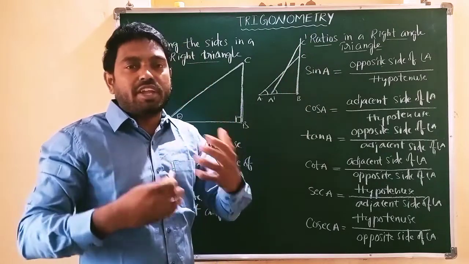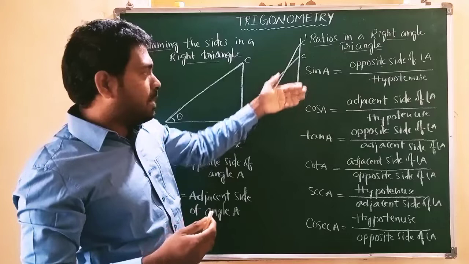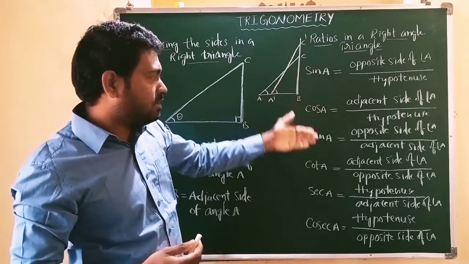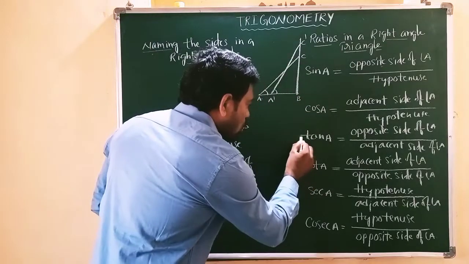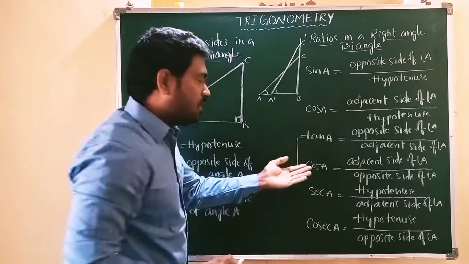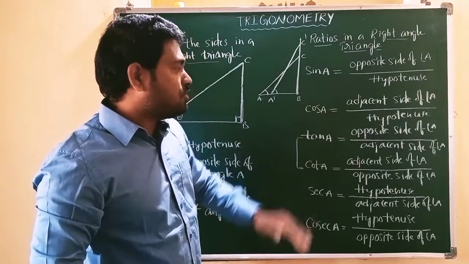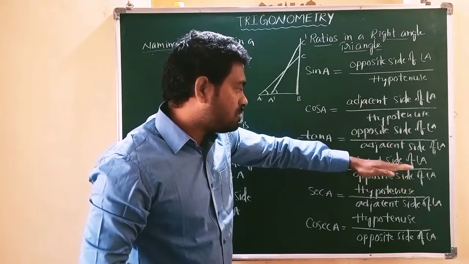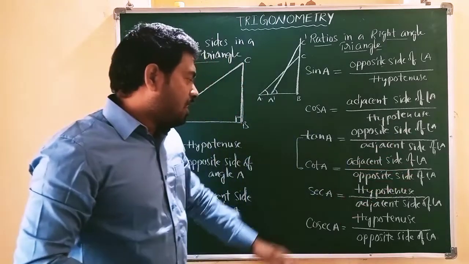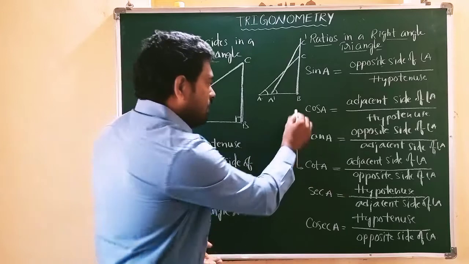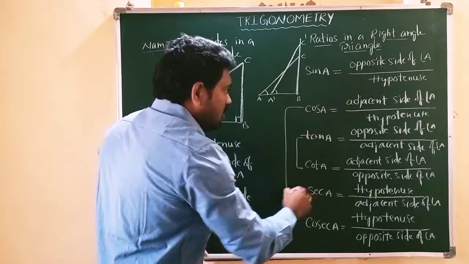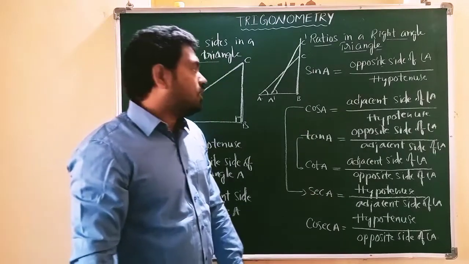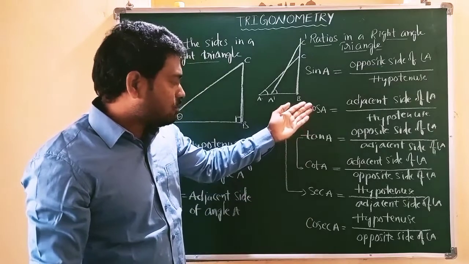Basically there are three ratios, and there are three more ratios which are simply the multiplicative inverses of these three ratios. The cot ratio is the inverse of the tan ratio: adjacent side of angle A by opposite side of angle A. And what is the sec ratio? It is the inverse of the cosine ratio.